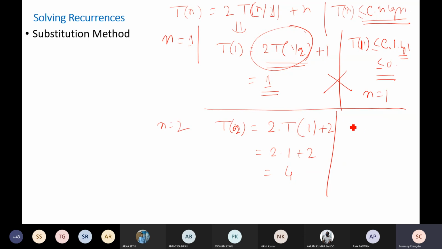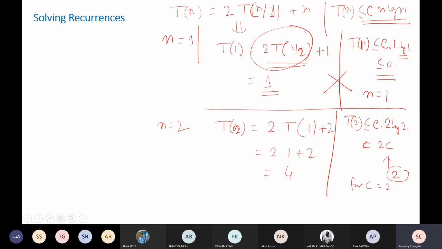Now check this: T(2) is less than or equal to some constant C times 2 log 2, that is equal to 2C. Now you can say that yes, if we consider C as 2, then it is correct, right? So let us consider C equals 2: T(2) on the left hand side is 4 and on the right hand side also 4. Very fine.